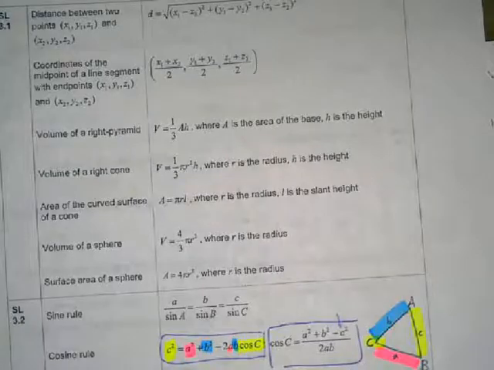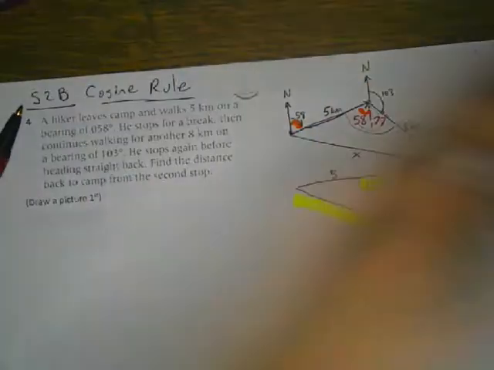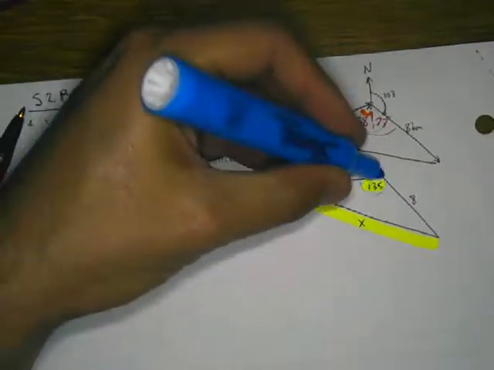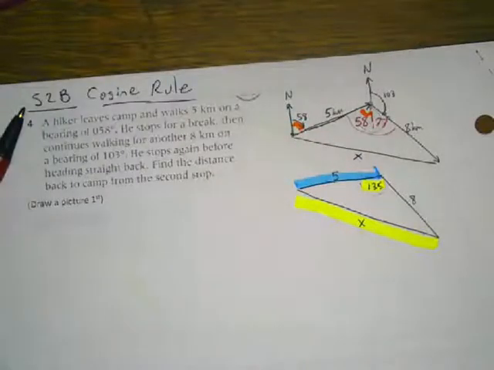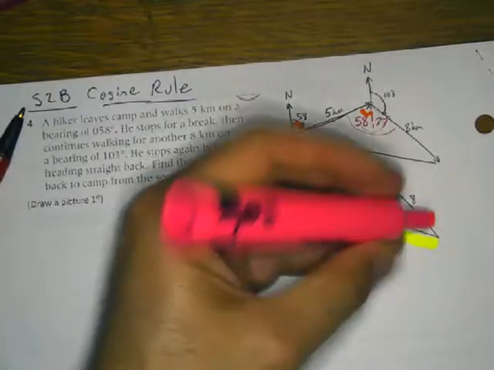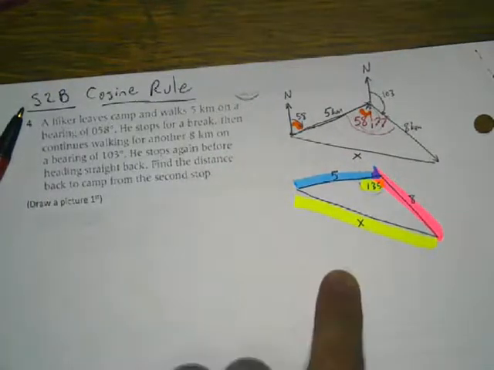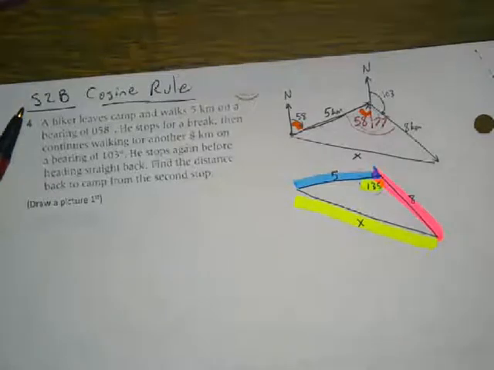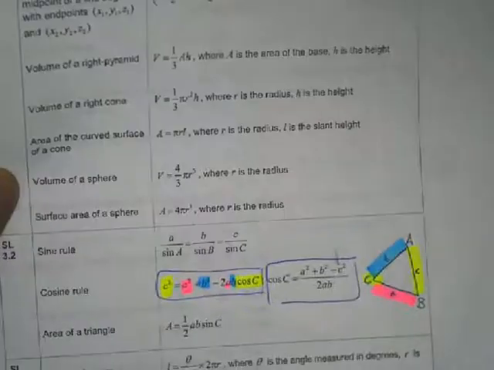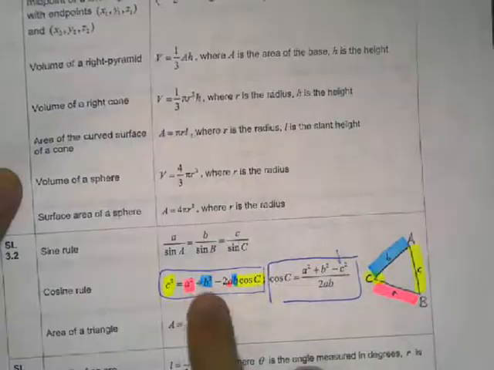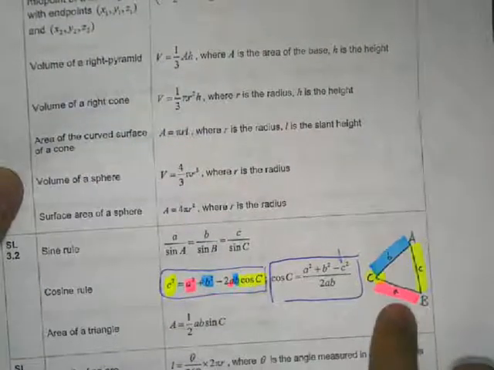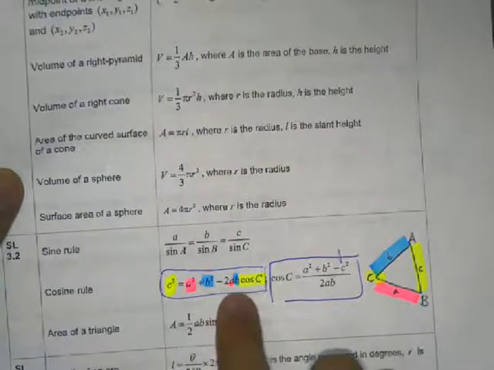So 5 and 8 are on either side of the angle that we've got. You might want to hit pause when you need to. We're using the same knowledge here: the pink and the blue are on either side of angle C, in 2ab cosine C.